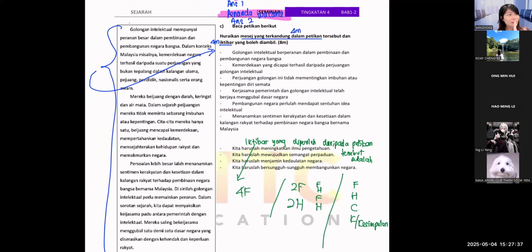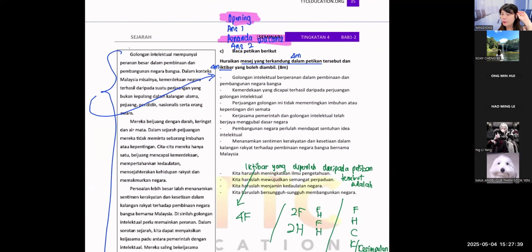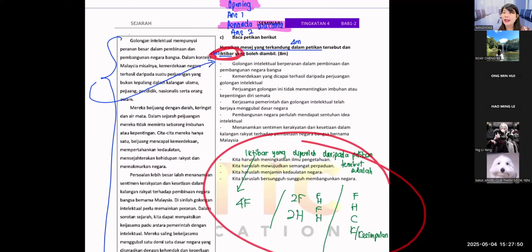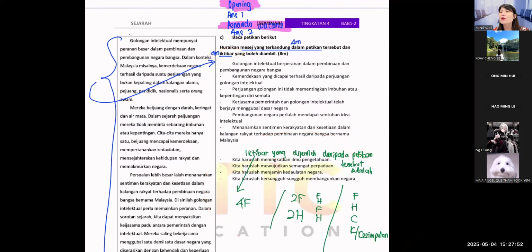Then you have to put penanda wacana, of course. It's like free marks. You copy with penanda wacana, then you get 4 marks for free. Take from passage and add penanda, then you get full marks, 4 over 8.